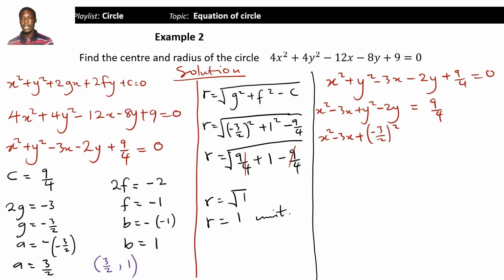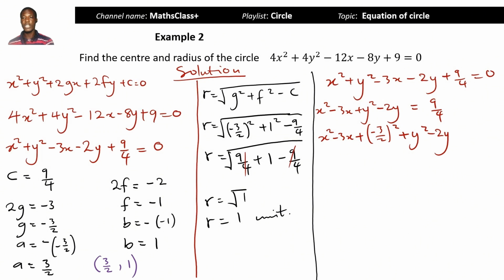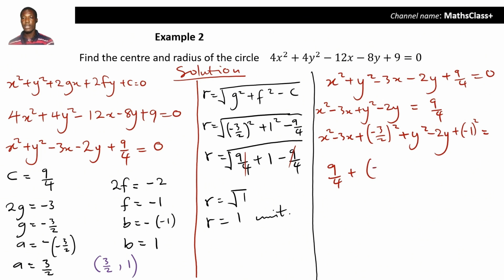Then I take the y side, so plus y squared minus 2y. Then when I take the coefficients of y, divide by 2, I'll get negative 1 and I'll square it. So plus negative 1 squared. And everything here is equal to 9 over 4. And then I'm adding minus 3 over 2 squared. And then I will also add negative 1 squared.